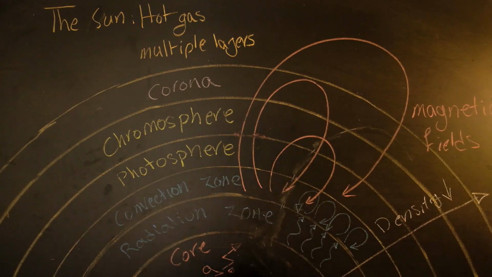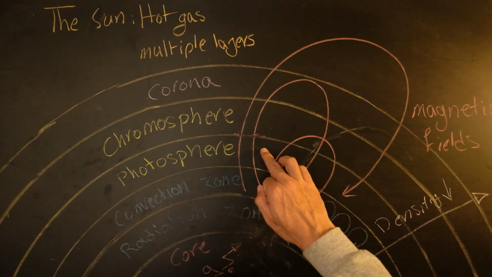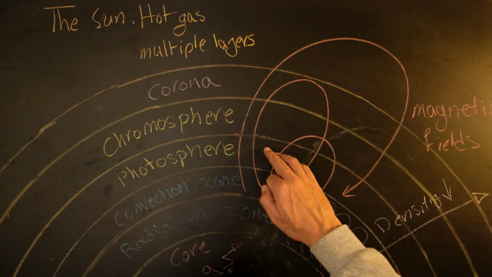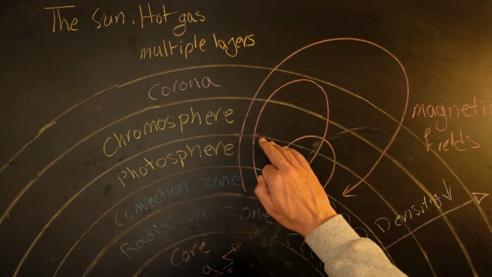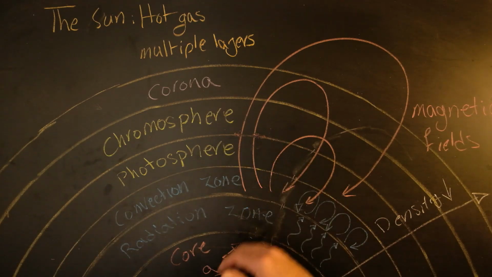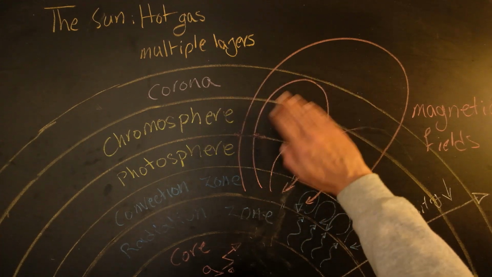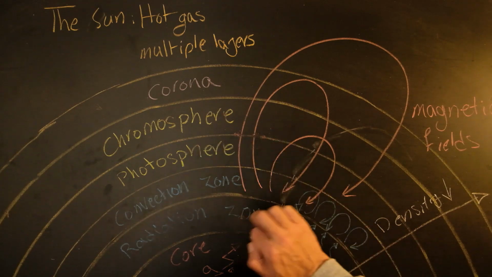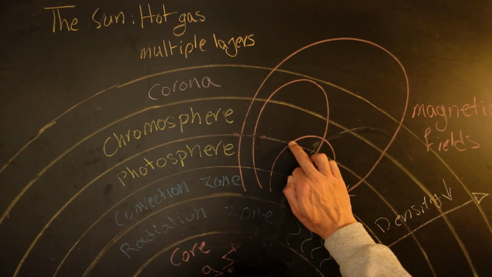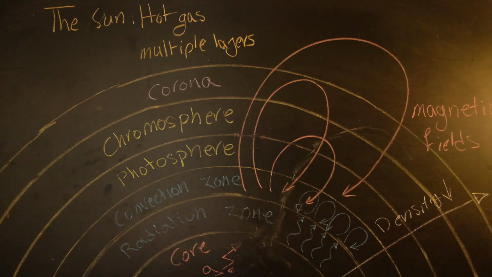And sometimes we see dark points on the photosphere. These dark points are cooler regions of the sun. The reason these areas are cooler is that particles carrying energy are losing this energy. So this part is losing energy, it's cooler. This part is losing energy, it's cooler. And these are called sunspots.